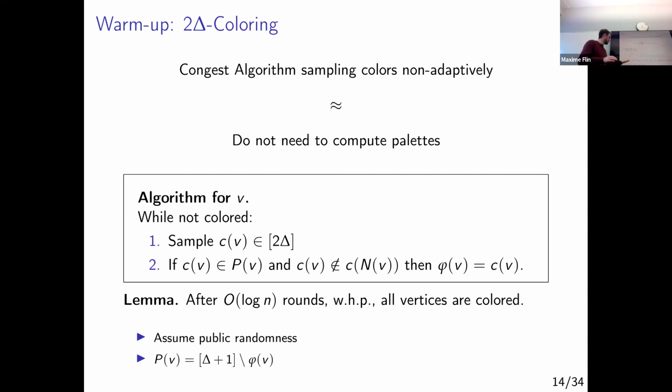Again, with the assumption that you can see the list of your neighbors, when you run this algorithm, you only need to check this condition and talk with the neighbors where there is an intersection between the two lists. That's how you get distributed palette sparsification for two delta colors.